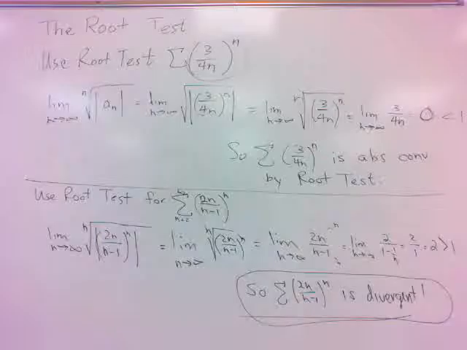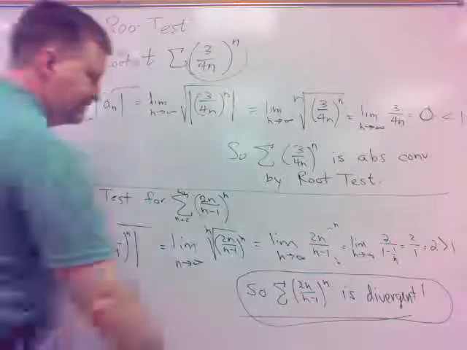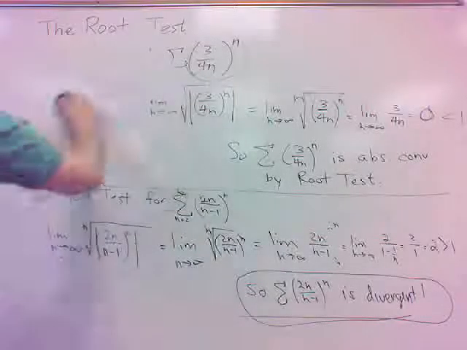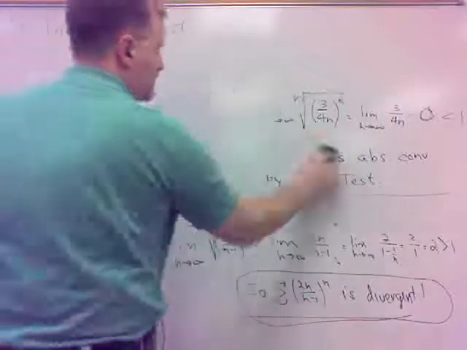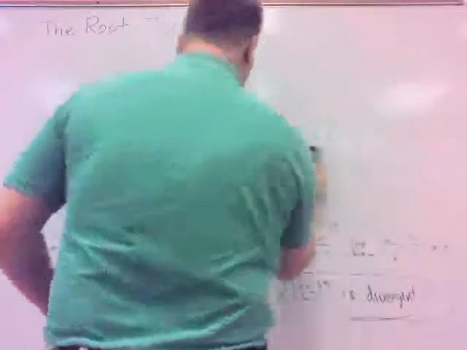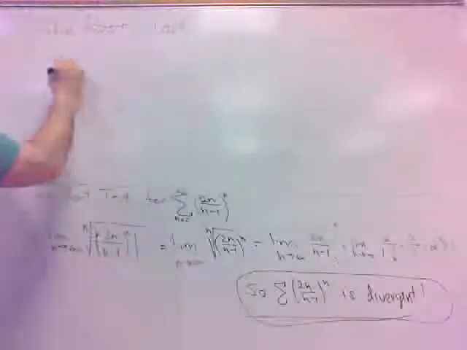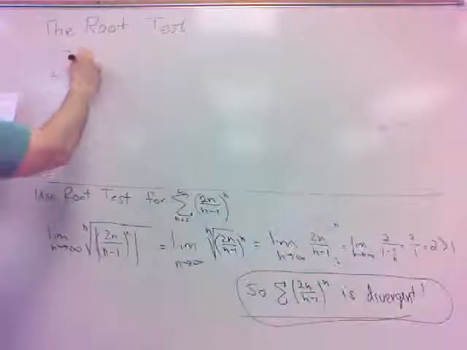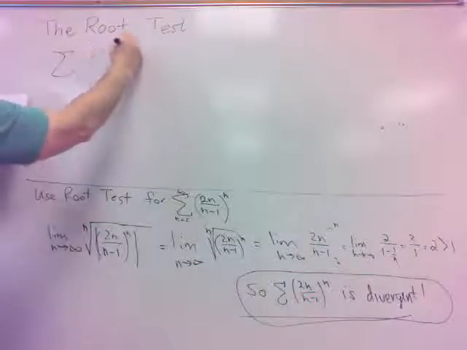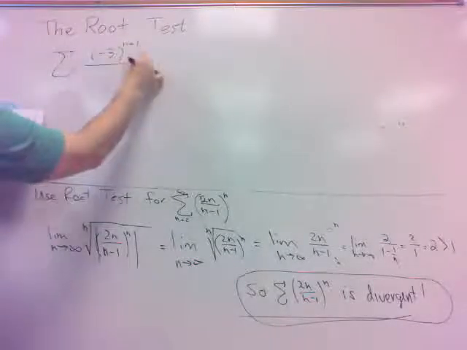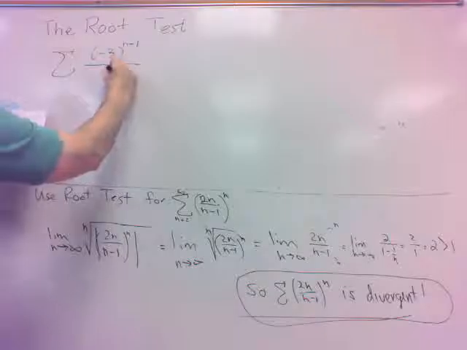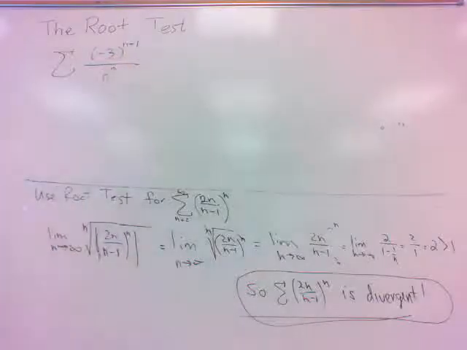All right, well, one more. And that would be the series of (negative 3) to the n plus 1 over n to the nth. A little different format.